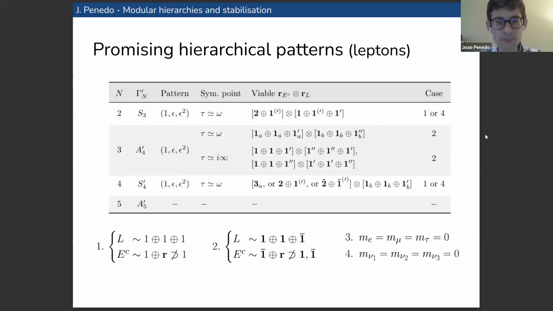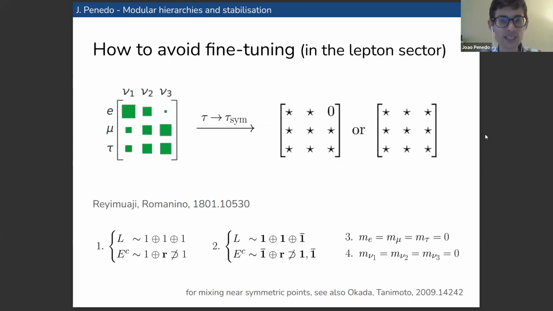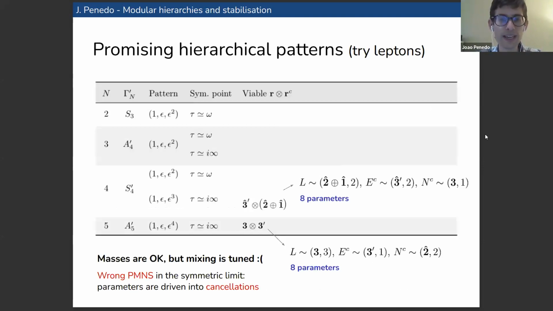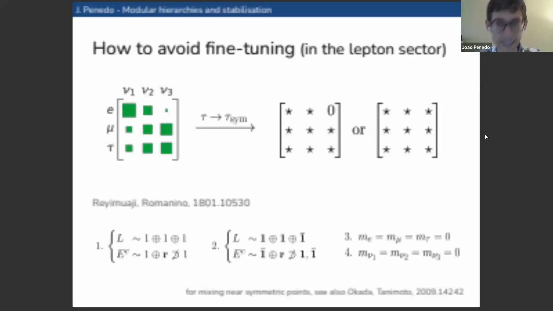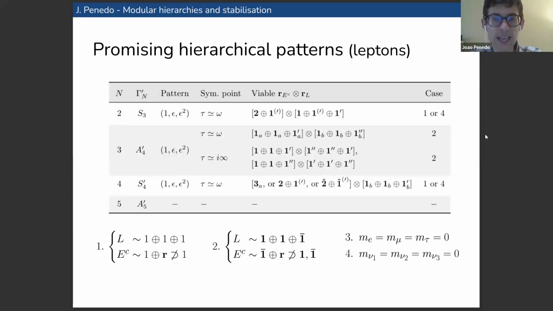So when you apply this condition to the table that was here, this full table, you are left only with these cases. And naturally, we wanted to explore the most predictive of these cases, which still has 9 parameters.